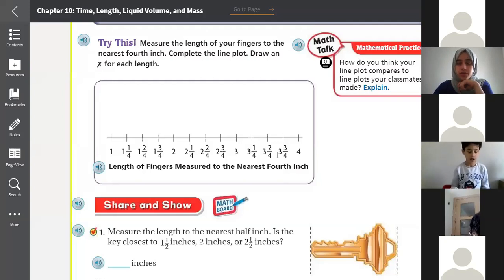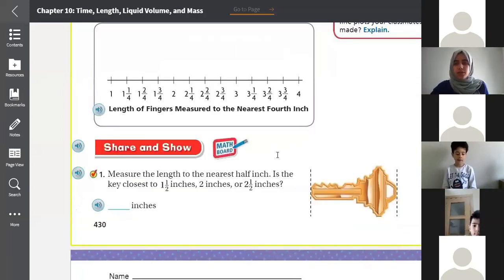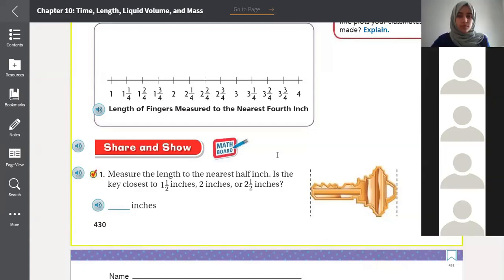I'm going to do 2 more examples, and then I'm going to give you 10 minutes to do the next page independently. I want to measure the length to the nearest ½ inch, and to the nearest ½ inch means that my answer should have a half in it. The question here is: is the key closest to 1½ inches, 2 inches, or 2½ inches?